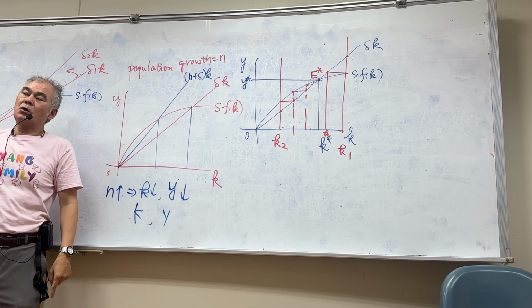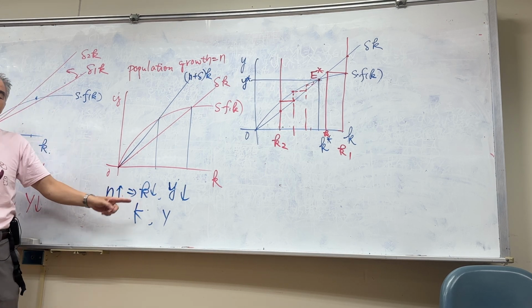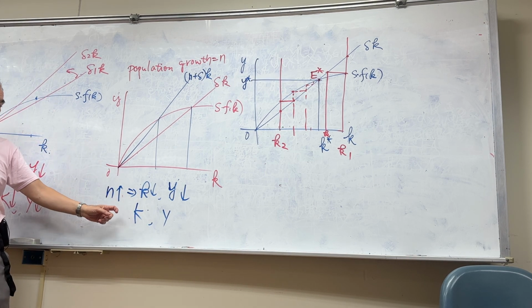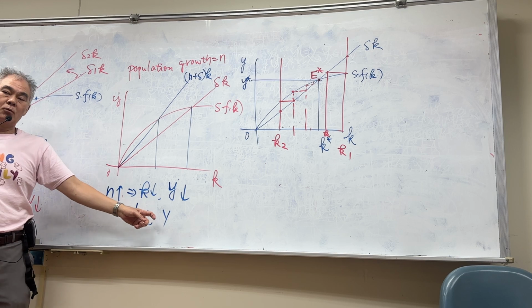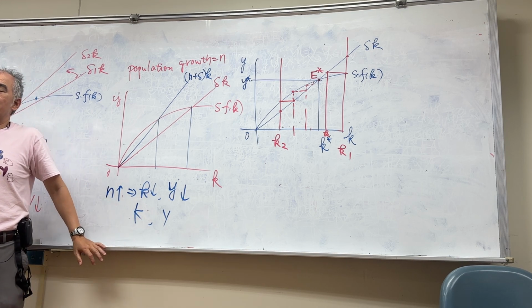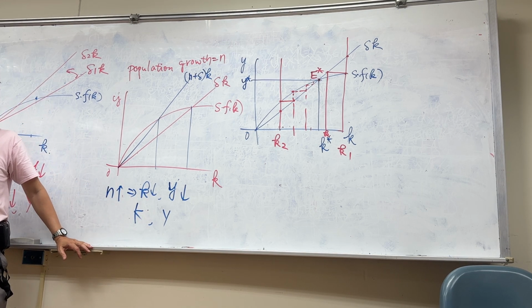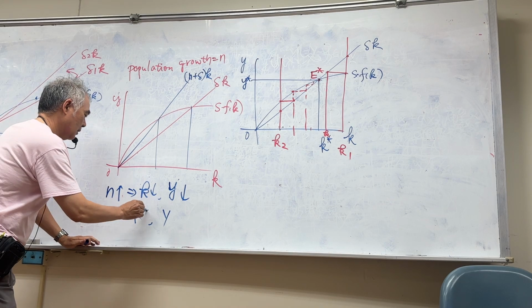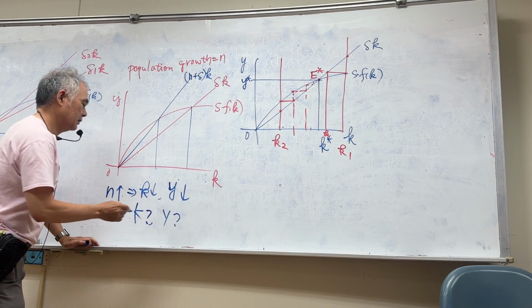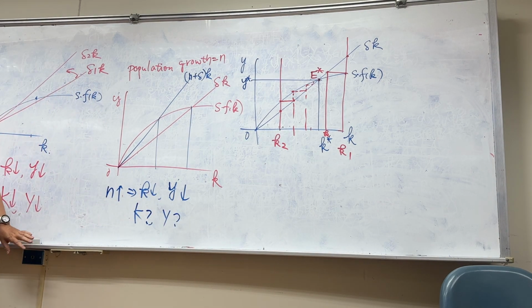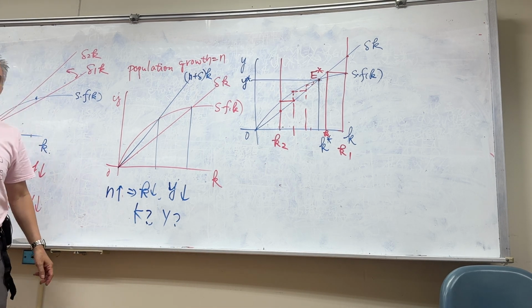If population going up more than this going down, then the big K will go up, big Y will go up. But we don't know. So because of that, this one is not sure. Okay, it depends on, again, elasticity. If the elasticity is higher, then it's going to go down. If the elasticity is lower, it's going to go up. Okay? Okay, sounds good. Let's take a break.